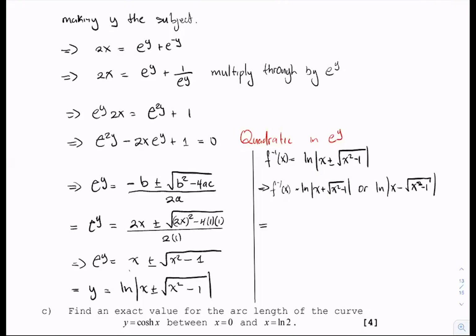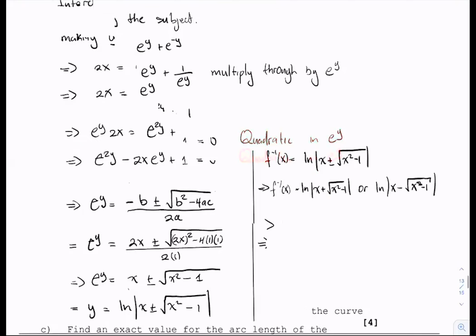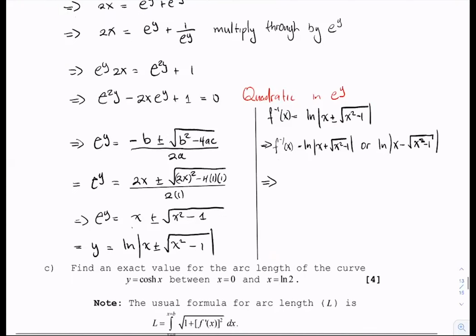And then what was the question asking us to prove again? So we take cosh inverse of x to be ln of x plus the square root of x squared minus 1. And then we say that is a q.